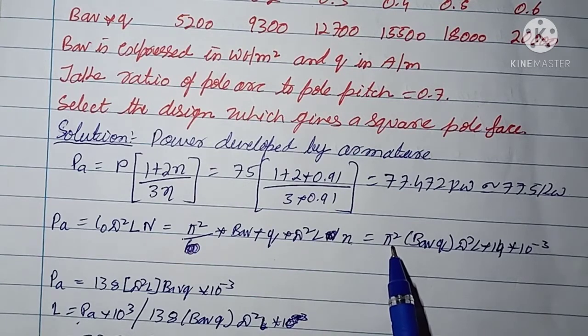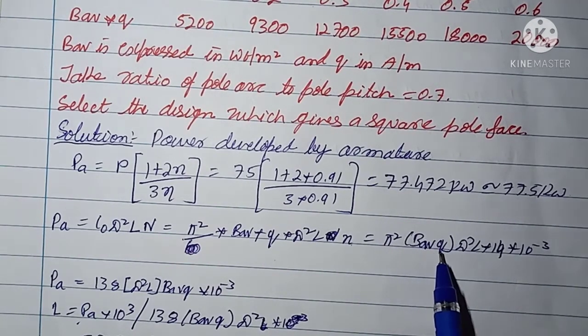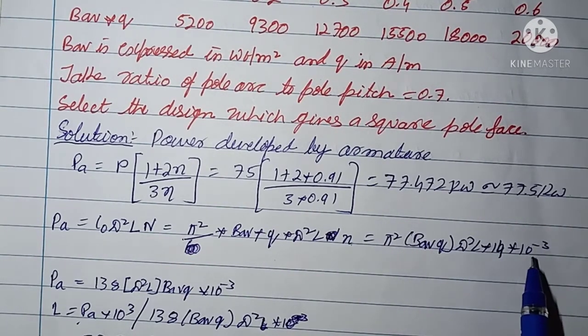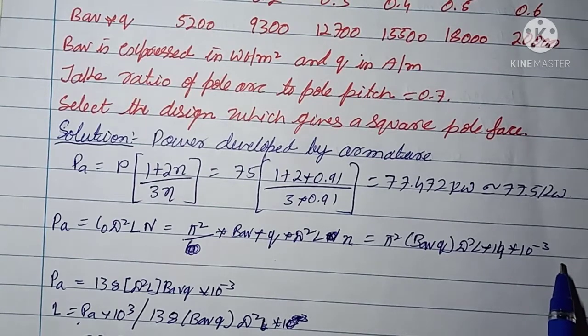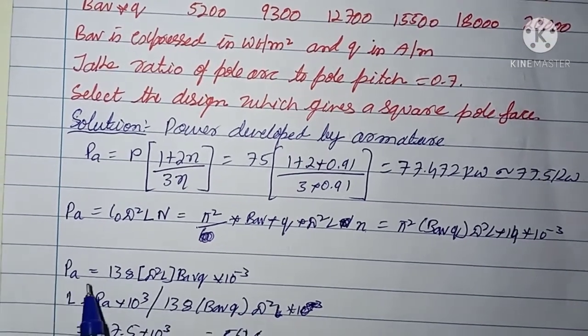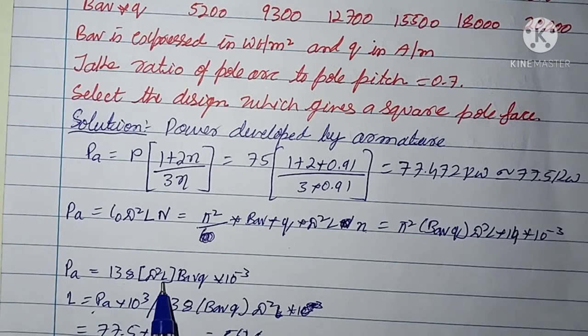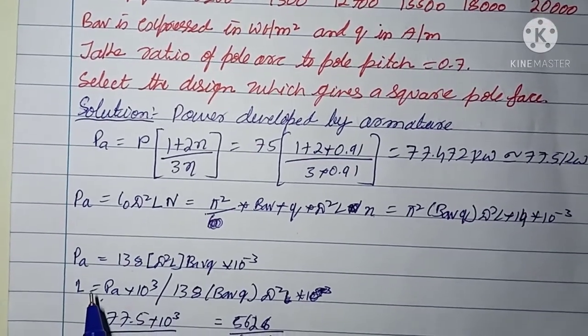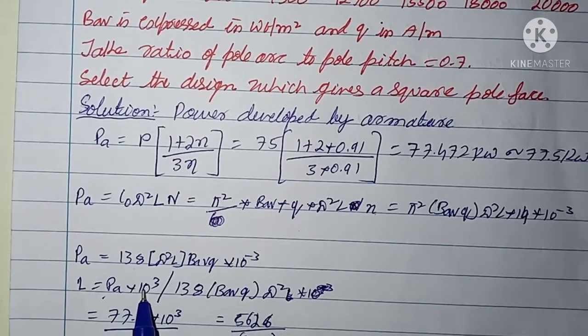So we get pi square BAV Q d square L into 14 into 10 raised to minus 3. Now PA is 138 d square L BAV into Q into 10 raised to minus 3. Therefore L will be equal to PA into 10 raised to 3 divided by 138 into BAV into Q into d square.